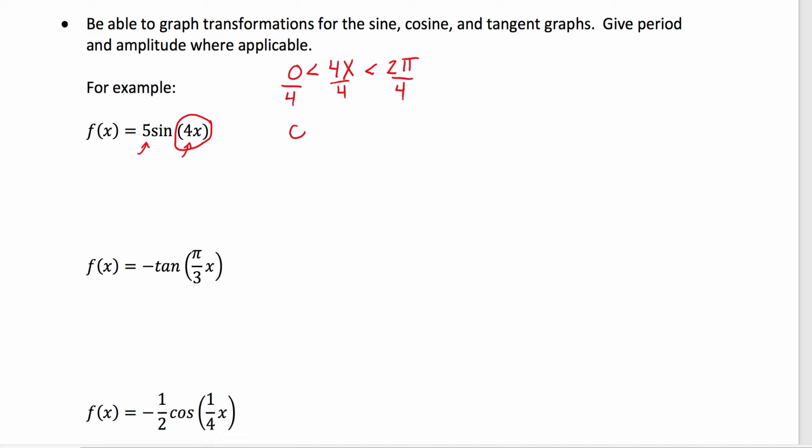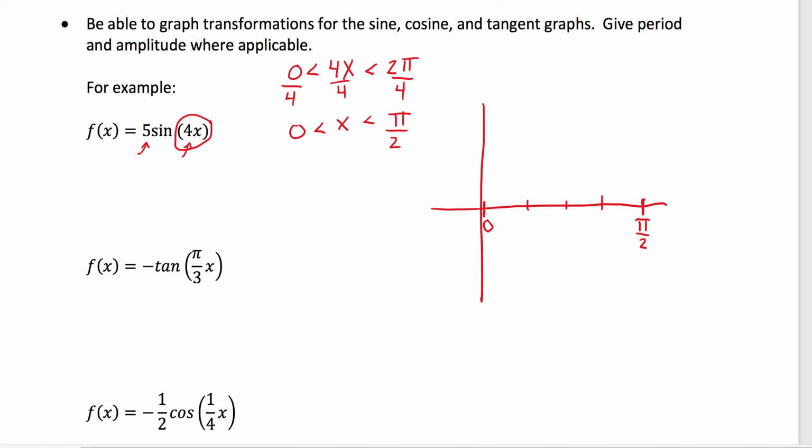That gives me a 0 on the left, an x in the middle, and reducing the fraction, pi over 2. This is now my new starting point and my new ending point. So my graph will start at 0 and end at pi over 2. And I know that the graph is based on 5 tick marks, so there are going to be 3 marks in between.